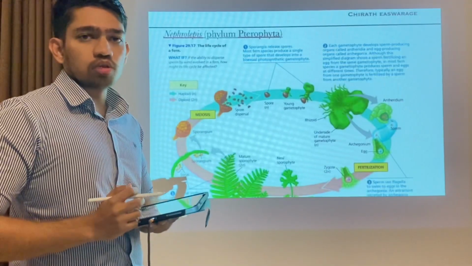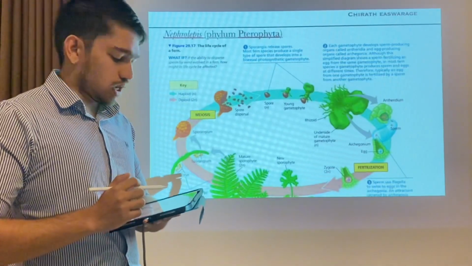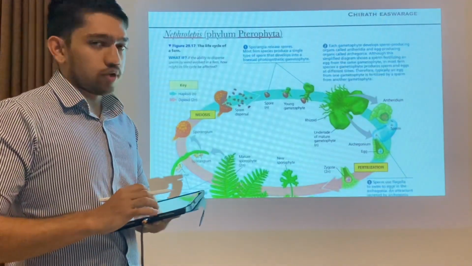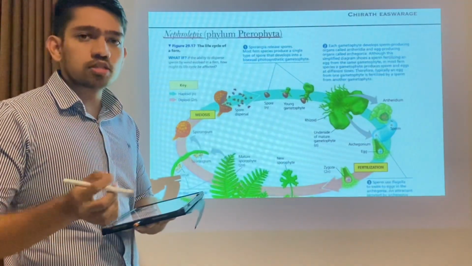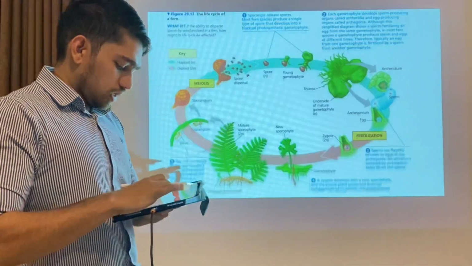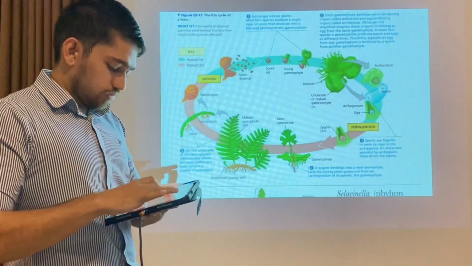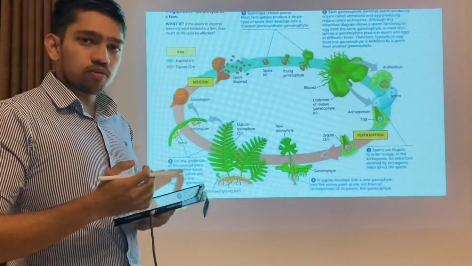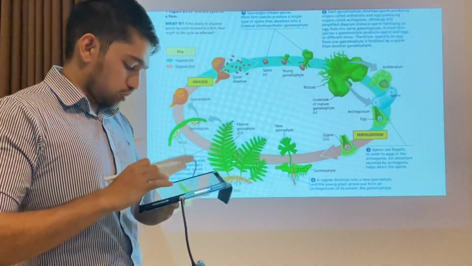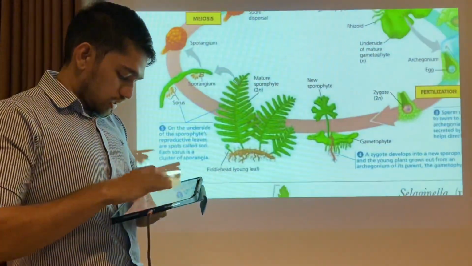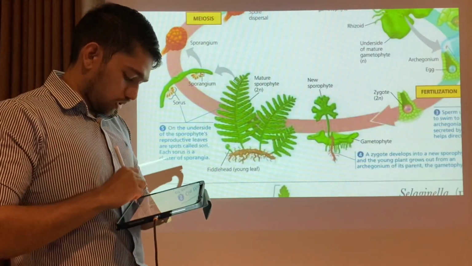Then we can move on to the life cycle of Nephrolepis, which is under phylum Pterophyta, which are again seedless but vascular plants. Let's quickly go through this diagram first to get a rough idea. Then we can go through what is there in the resource book. So this is your sporophyte.